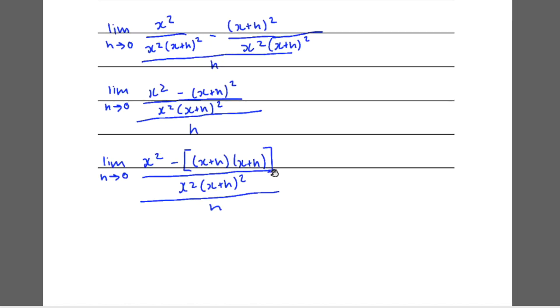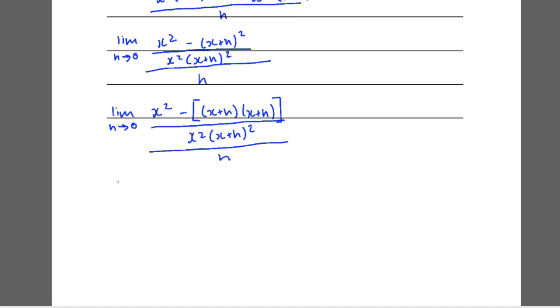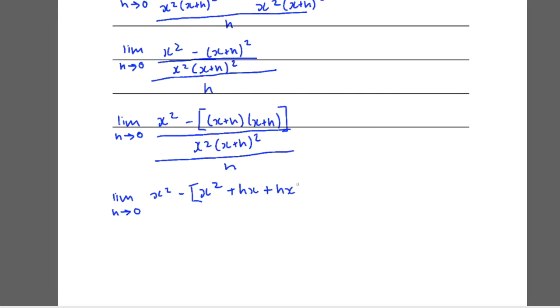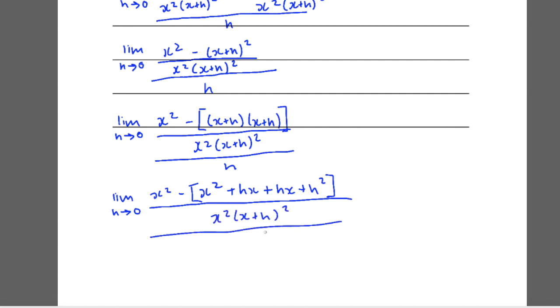That's not really a necessary step, but I'm just doing it so you can see what you have to do. Minus, alright, first x squared outer plus hx inner, and last would be plus h squared. Undoubtedly someone will forget this minus, so just be careful there. All divided by x squared times x plus h all squared, all divided by h.